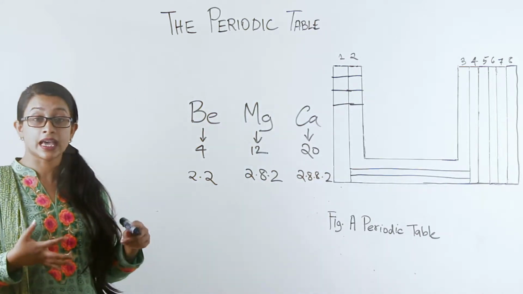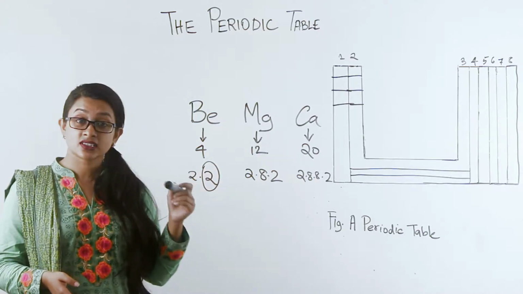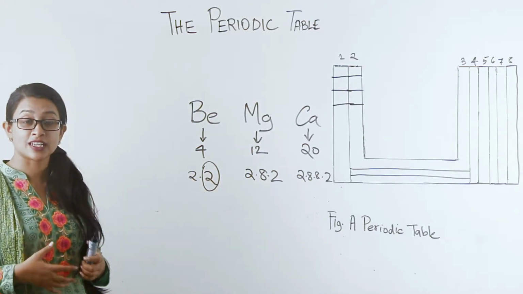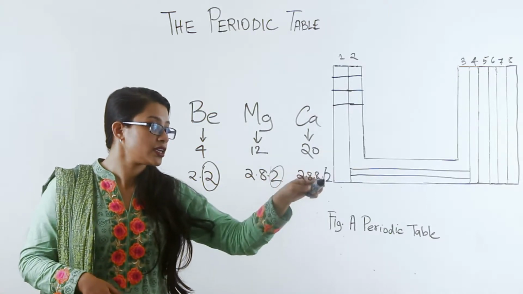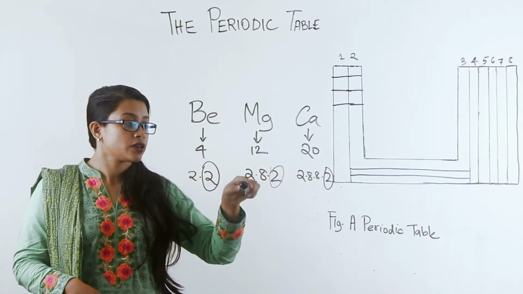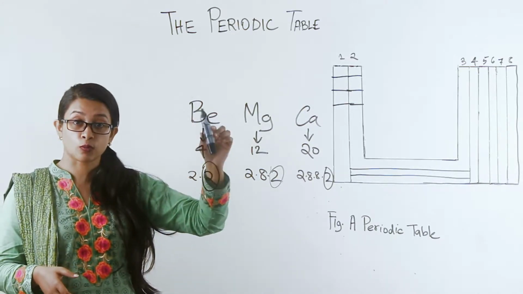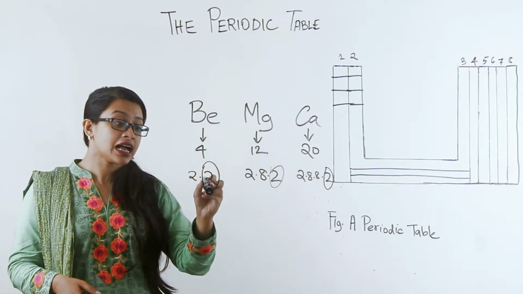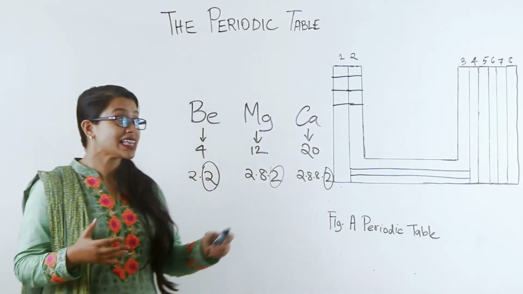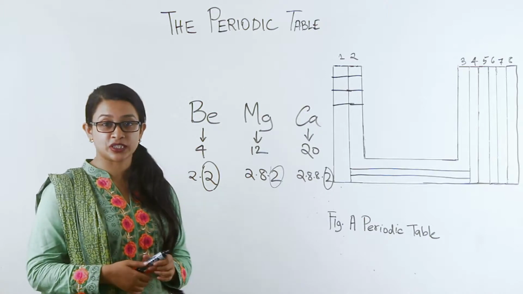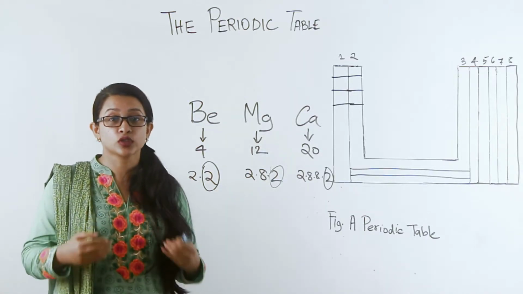So, like before, you see the last number of electrons of each of these elements is the same, 2. Even if the number of shells increases as we go from one element to the next, the last number of electrons remains the same, as a result of which they are found in the second group of the periodic table. And this is the trend that is followed in each of the groups.